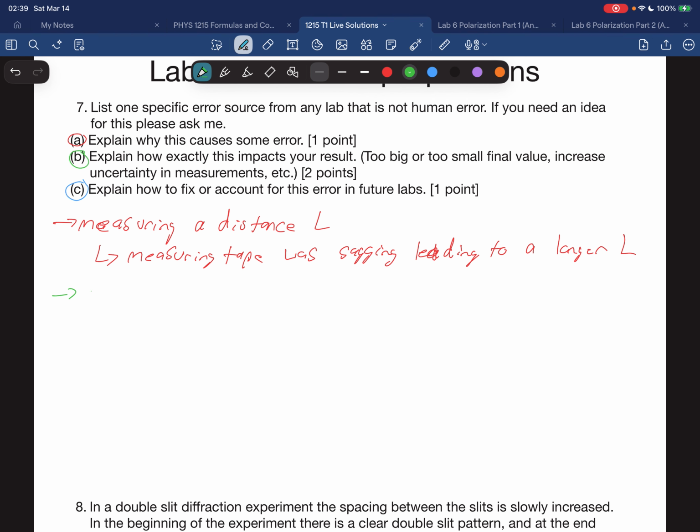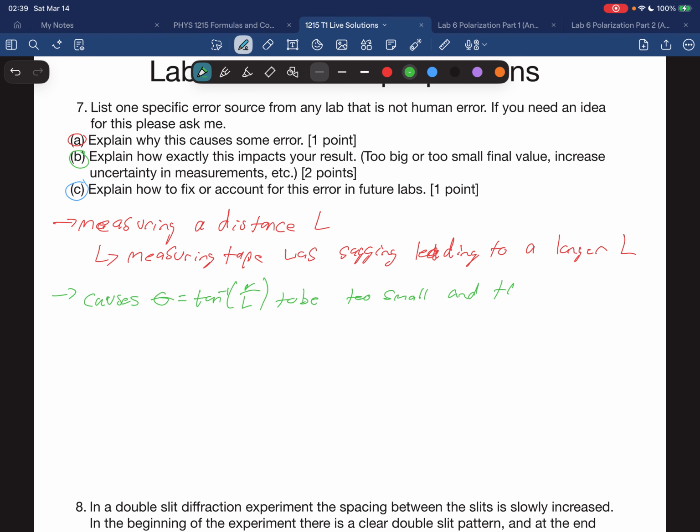So in this case, it causes theta equals the inverse tangent of r over L to be too small.